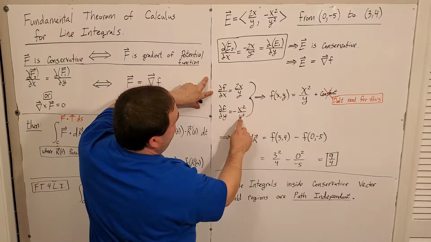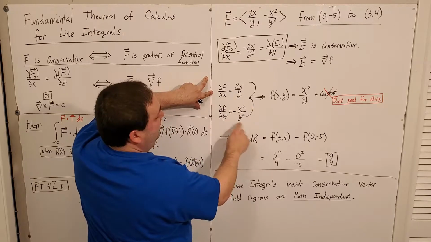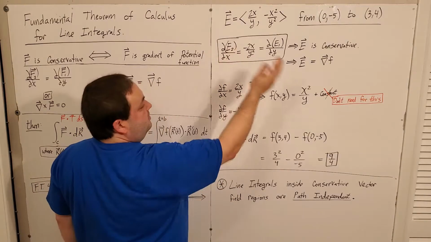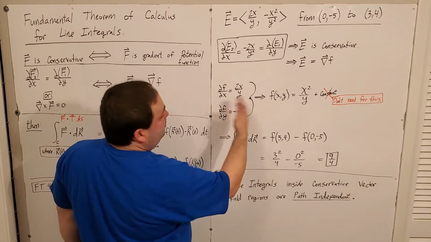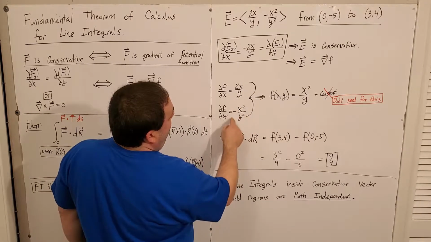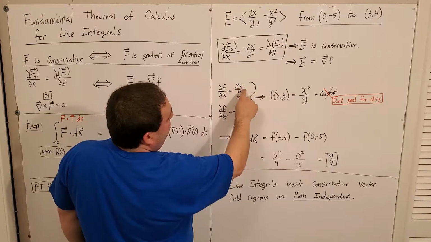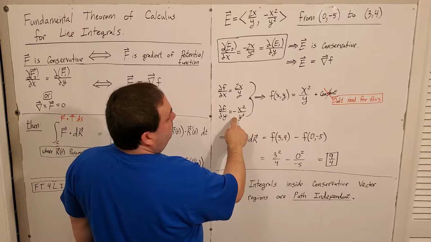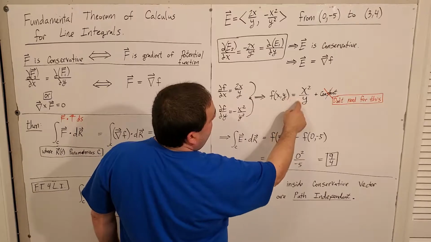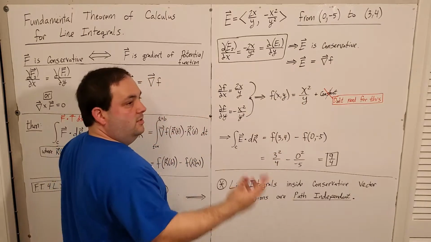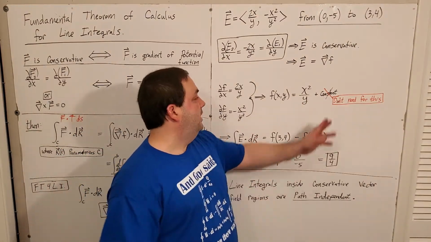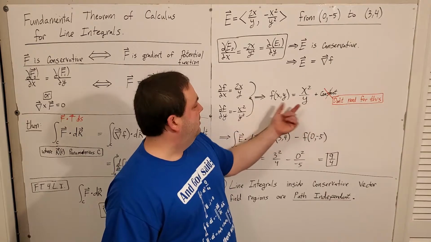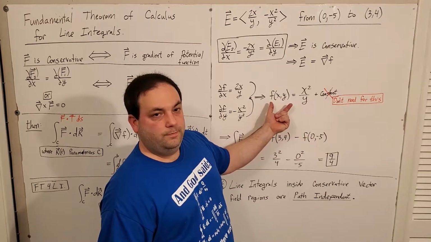So I'm setting up these two differential equations here, and I'm just going to use the antiderivative on each one. You'll notice both times, if I do an antiderivative with respect to x and an antiderivative with respect to y, you get x squared over y. So the only thing that could be extra is an added constant in your potential function.